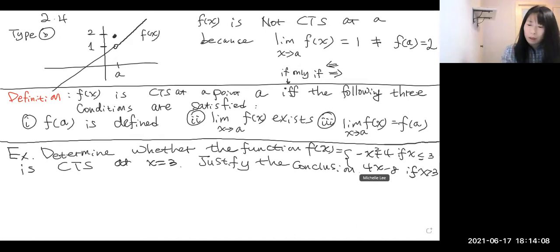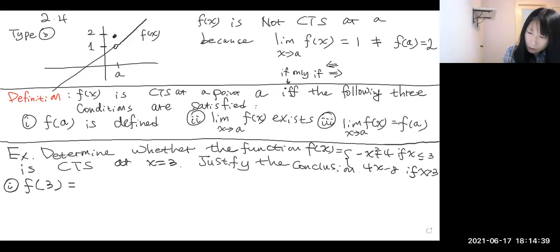Okay. So first condition, we have to make sure f at x equal to 3 is defined, right? So check f of 3. Which one do we have to use? We have to use negative x squared plus 4.